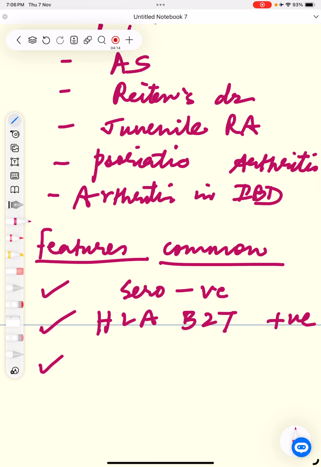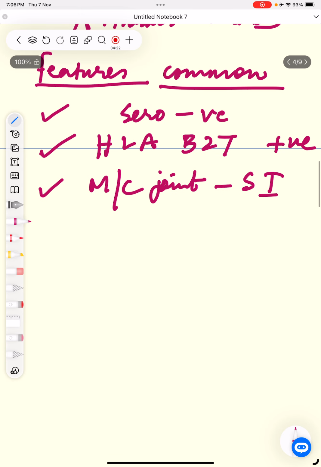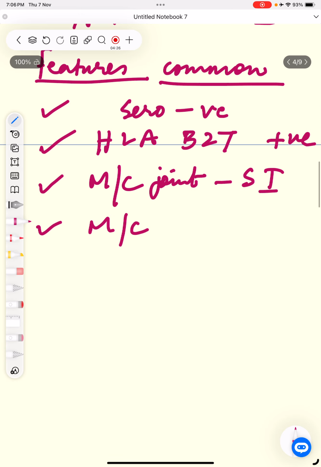The earliest and most common joint affected is the SI joint, the sacroiliac joint. The most common symptom that the patients come with is low backache.